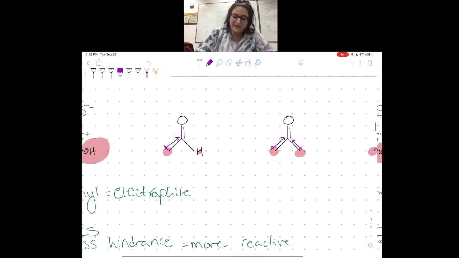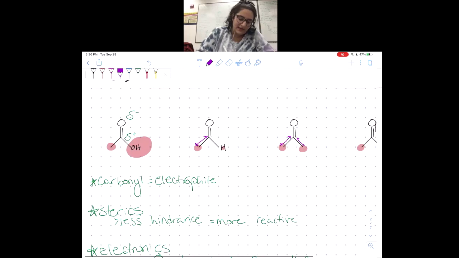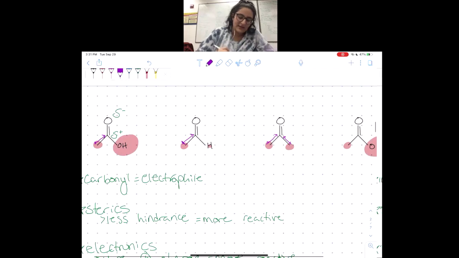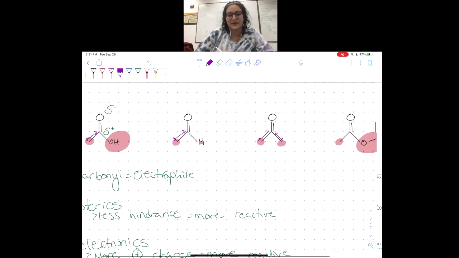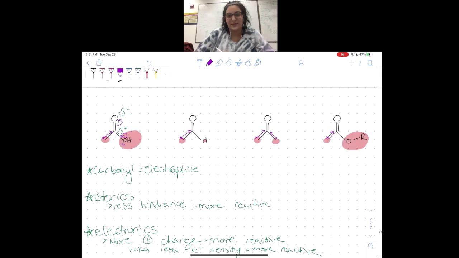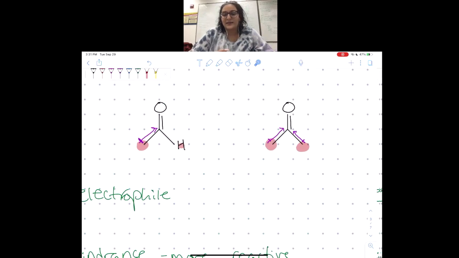The biggest resonance effect will be felt from these oxygen groups because they can throw these electrons on there. My screen is lagging a little bit, so I apologize. But when we resonate these electrons up to the oxygen, our electron density is flowing through here again. So we'll actually have a really high electron density at the carbonyl carbon at any given time. So we know that these two are going to be more reactive than any one that has an oxygen in it.